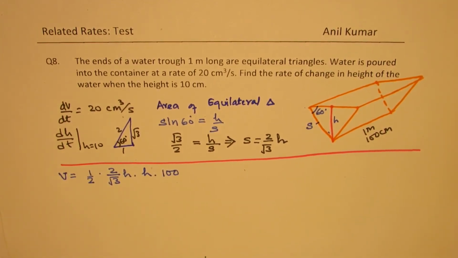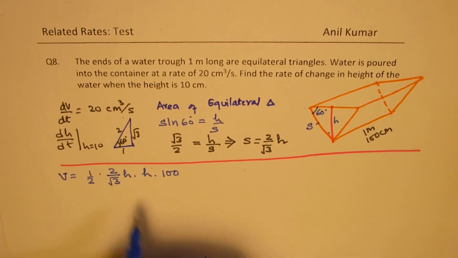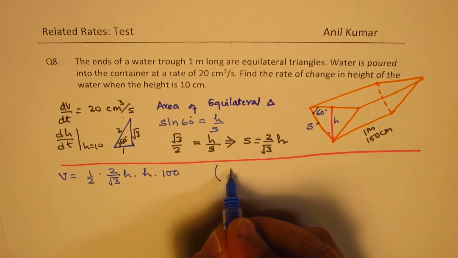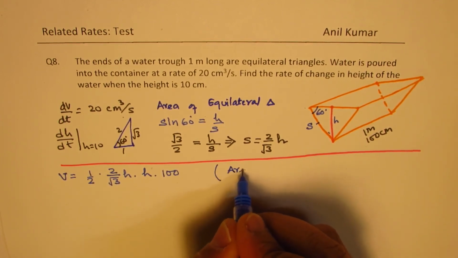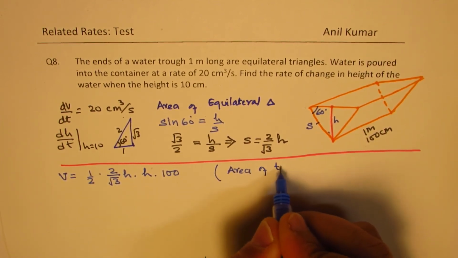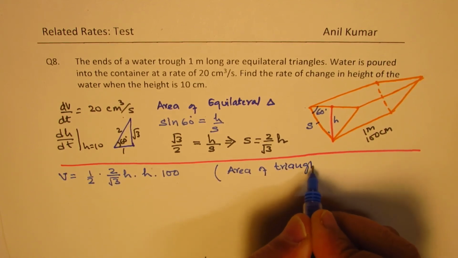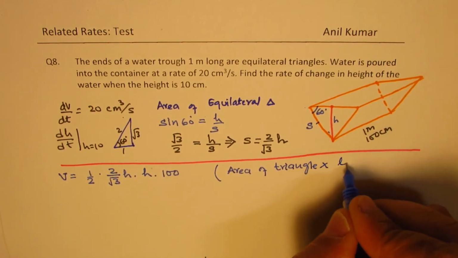Is that clear to you? So that becomes the formula for the volume, which is basically area of triangle times length.